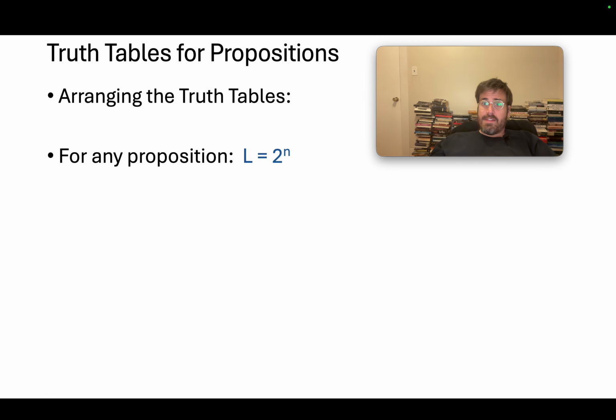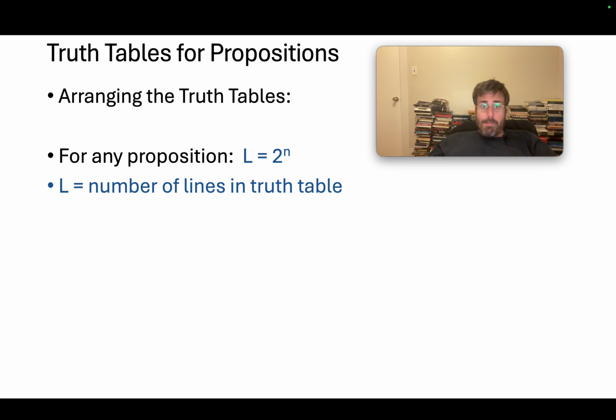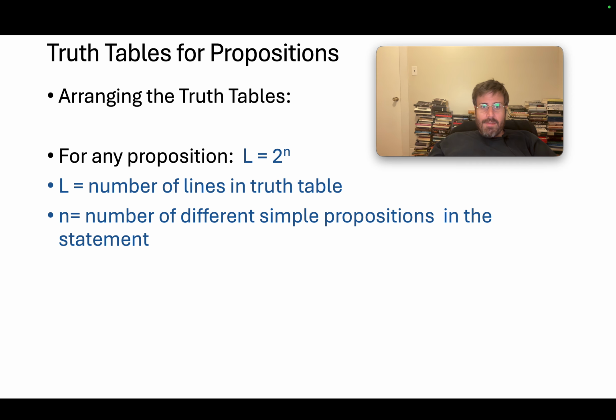And we're going to use n to stand in for the number of variables. So L equals the number of lines in the truth table, and n equals the number of different simple propositions in the statement. So our formula is L equals 2 raised to the power of n.